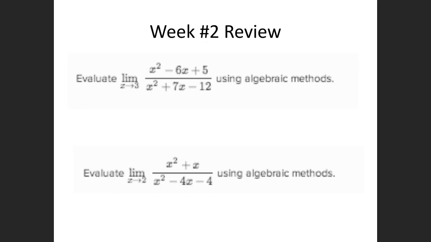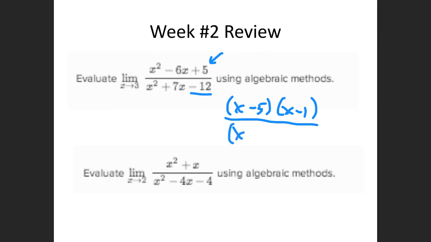So now this problem here, if I'm going to factor, I look at this and I'm saying, okay, what two numbers multiply to give me 5 but add up to -6? Well, that's going to be x minus 5, x minus 1, because -5 and -1 add up to -6. If I multiply them, I get +5. So now if I factor the bottom, what two numbers multiply to -12 but add up to 7? So that's going to be x... Oh, let's see here.